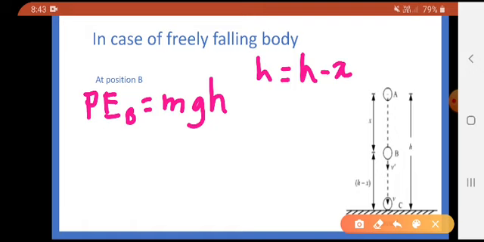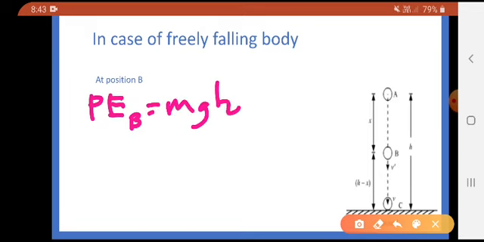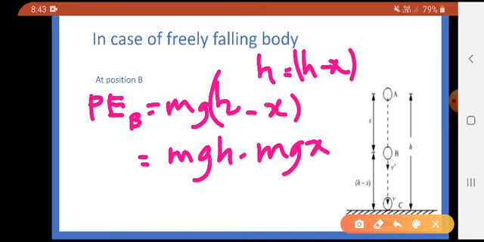It has traveled distance x, so this is the height from the ground. So potential energy at B equals mg(h minus x). Therefore potential energy becomes mgh minus mgx. This is the potential energy at point B.